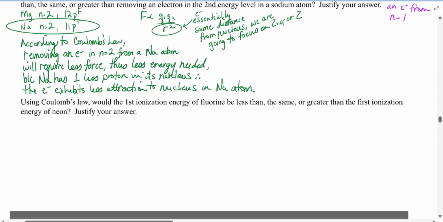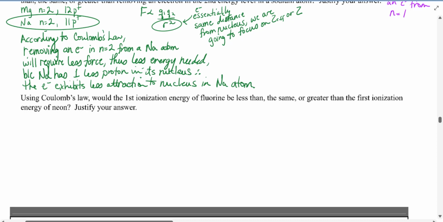Okay, last one. Using Coulomb's law, again, with the first ionization energy, and by the way, the first ionization energy is removing the first outer shell electron or valence electron. Okay, that's what that is.